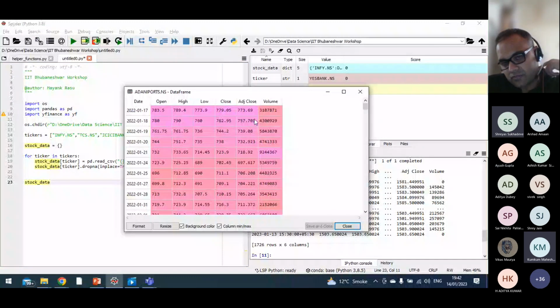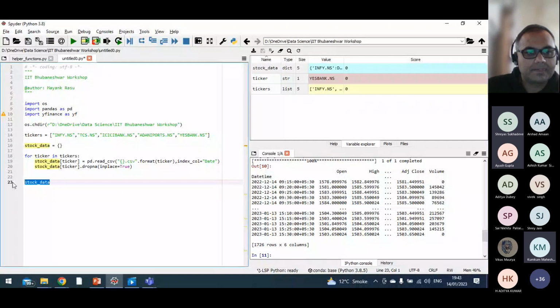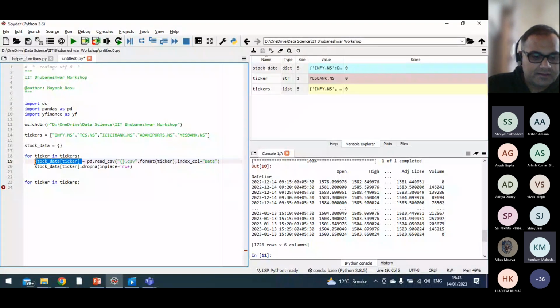So how would you calculate a daily return? A daily return would simply be the ratio between this price and this price, and we'll have to do that for every single day. So let's do that. For ticker in tickers, we'll have to do that for every single stock. So stock data ticker.